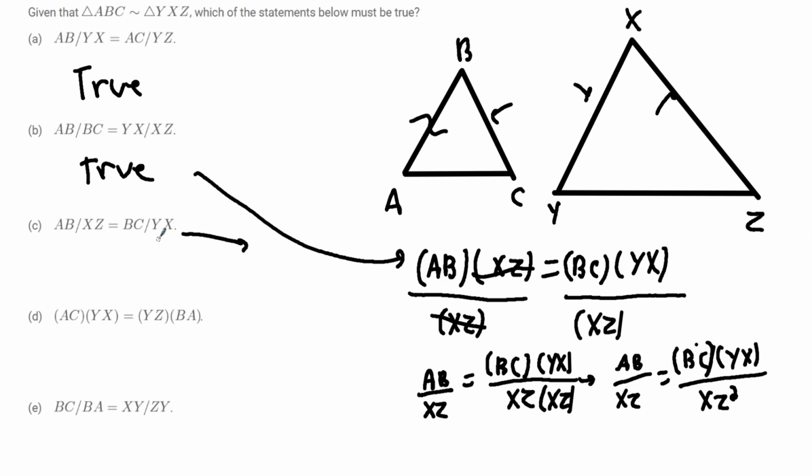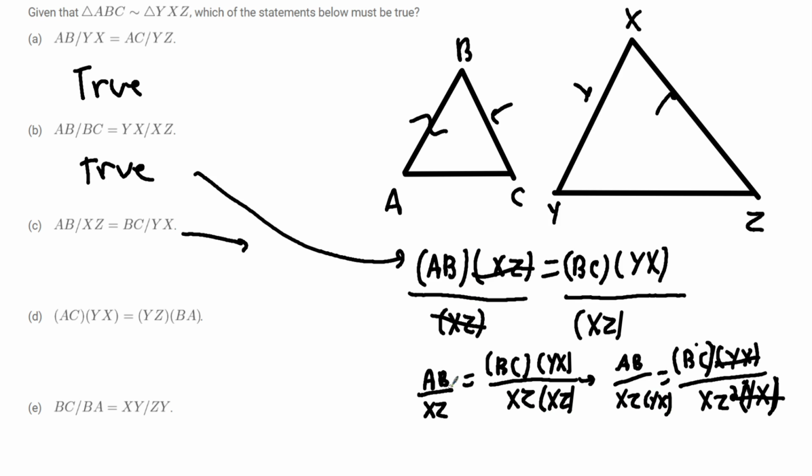We would also want to try to get YX on the bottom of BC, but if we divide by YX on both sides, we're going to have YX here. Sorry for all the stuff, but that would just cancel both of them out, and then we'd be stuck with the YX over here.